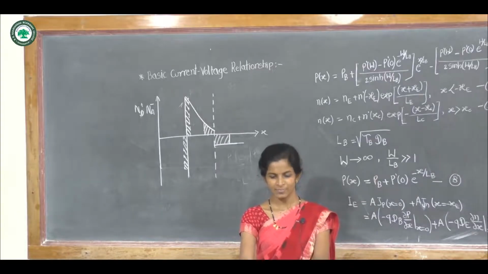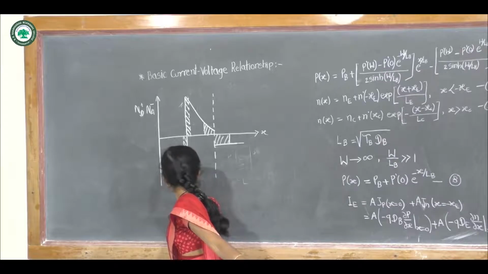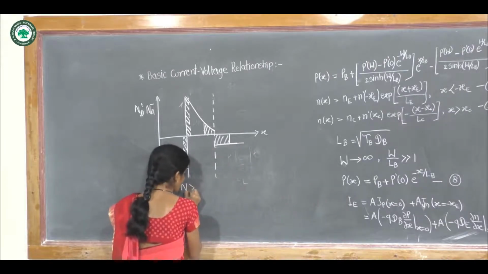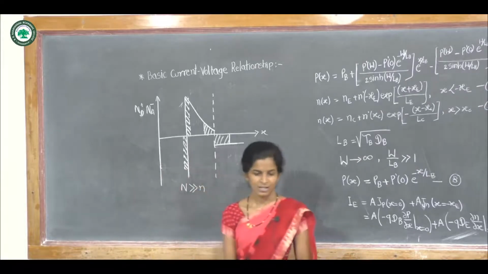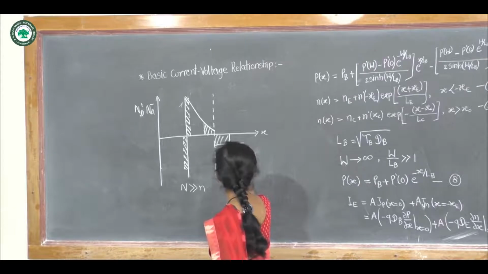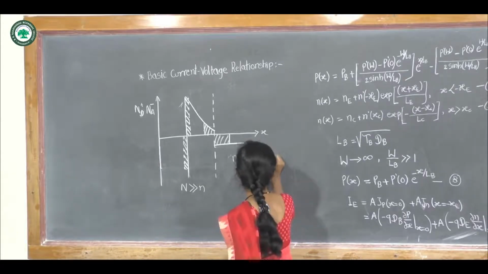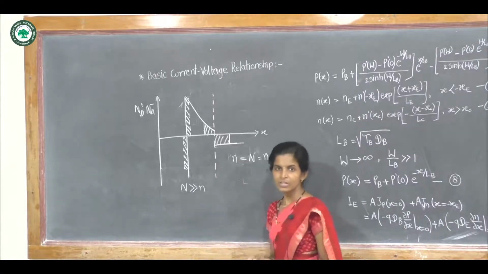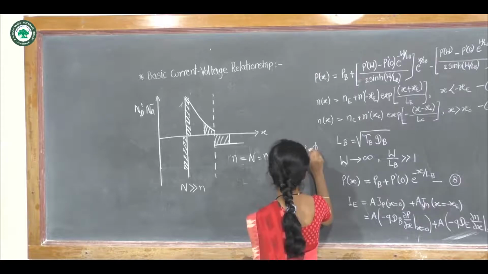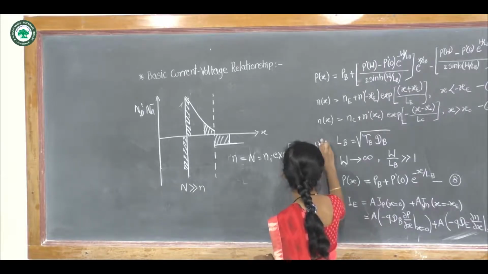The donor density is given by capital N and the electron density is given by small n, and the relation between donor density and electron density is that capital N will be greater than small n, and it is given by small n equal to capital N, which is equal to Ni exponential of Q into psi minus phi upon kT. This is equation number 12.